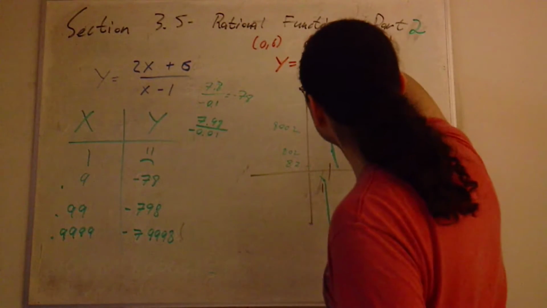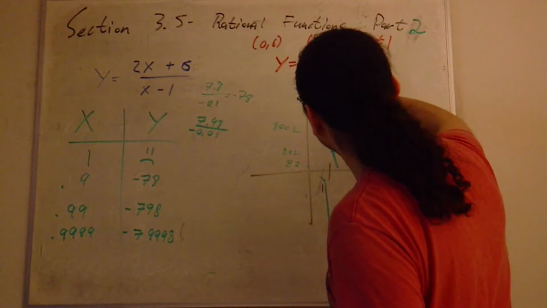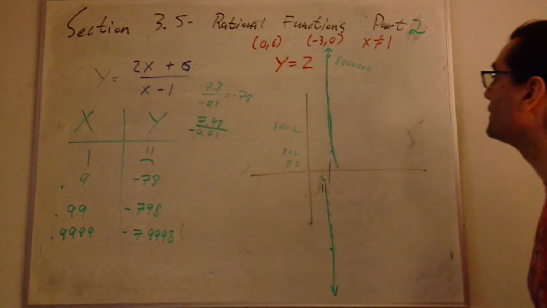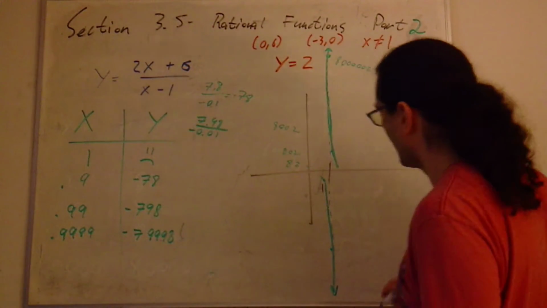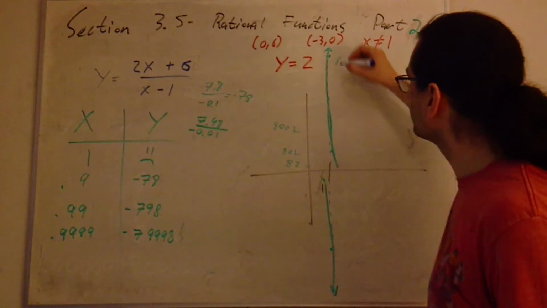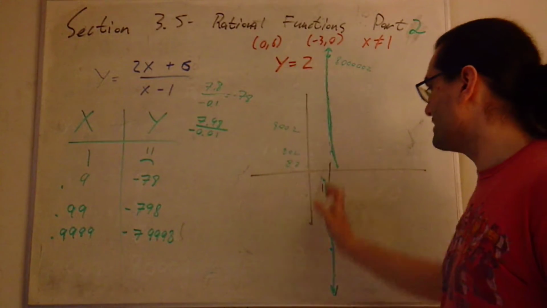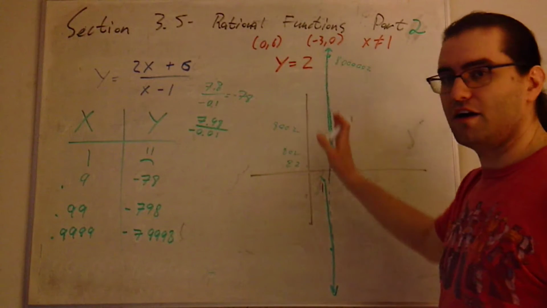You might notice that for the most part, I don't even know if that blue is visible. I'd probably choose poor colors for this. You might notice, anyway, that this looks like a vertical line.